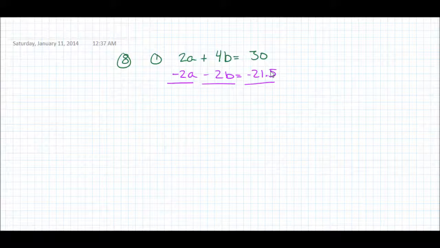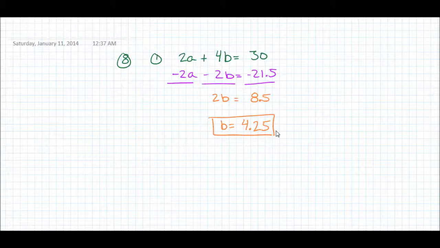So this one's actually set up nicely for us that we can just add them. So 2a minus 2a is 0. 4b minus 2b is 2b. 30 minus 21.5 is 8.5. So divide each side by 2. b has to be 4.25.